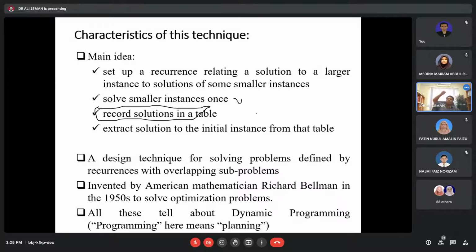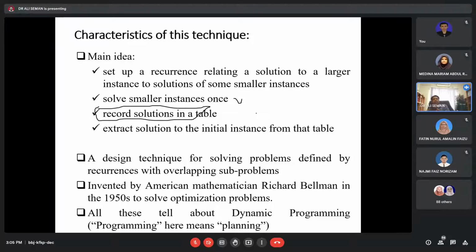So when we solve the problem once, we record that solution in a table, or an array, whatever, and extract the solution to the instance from the table. Where we find that this is a similar problem that we have already solved before, we just look up the table and make use of the solution. So we can save that time.